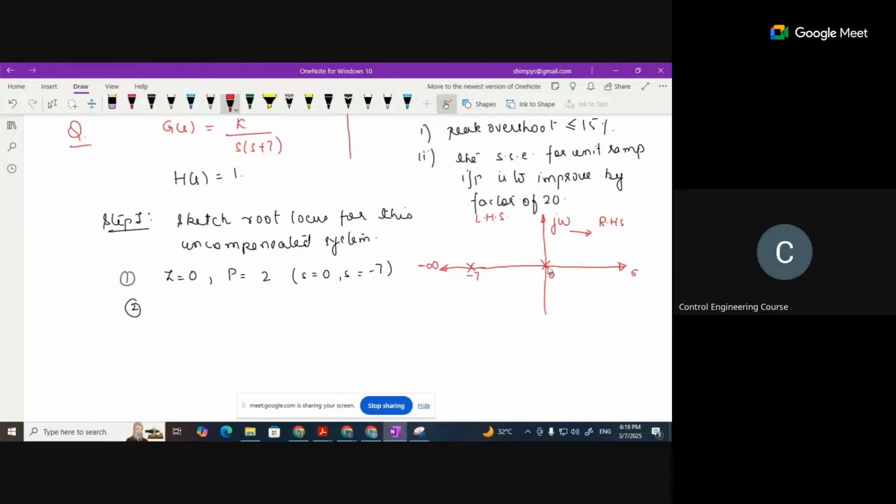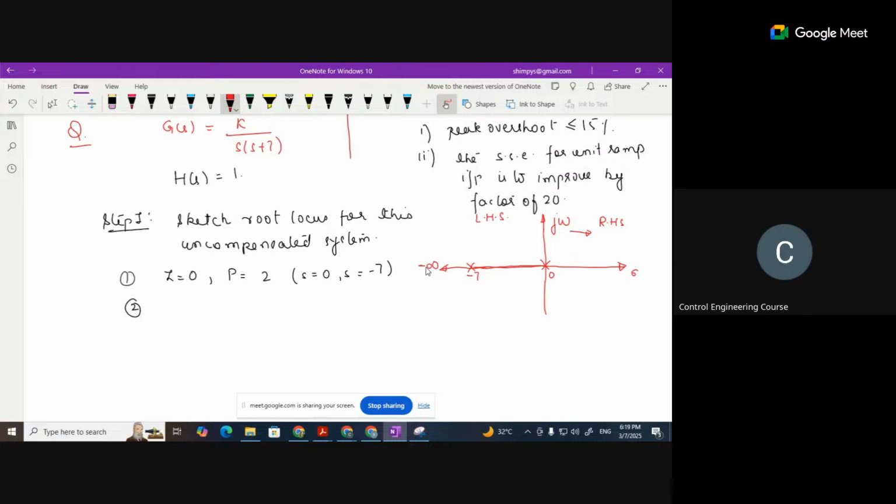If I see from 0, we can say it's even, and at minus 7 there is one pole, so my root locus is going to lie between these. I'll make it a little bit thick.